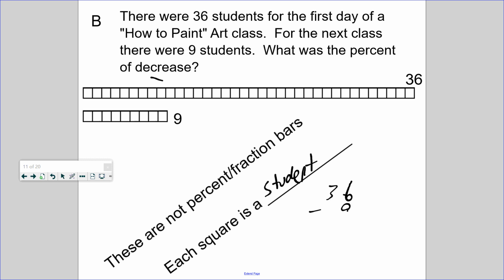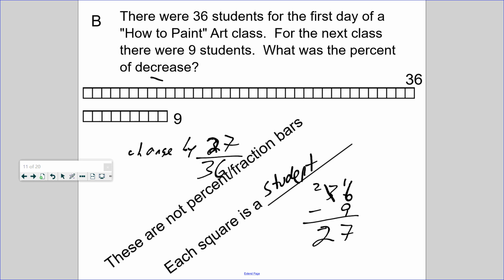That means if you subtract this, it is a decrease of 27 students. So it changed by 27. But how many students did it originally start with? 36. Can you turn this fraction, 27/36, into a percent, out of 100%?